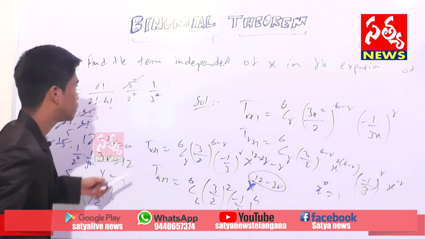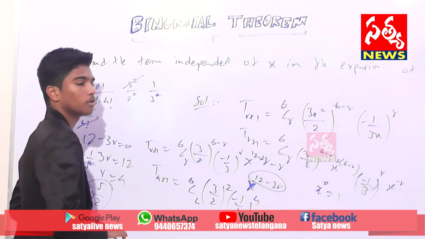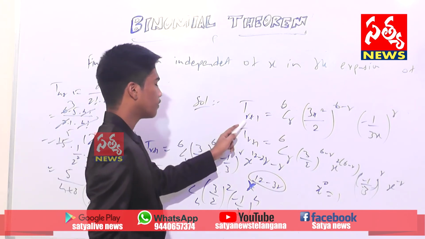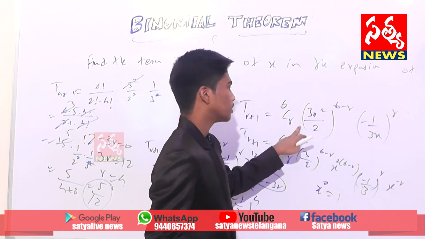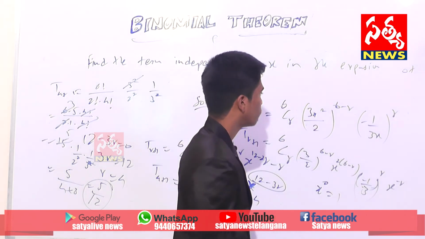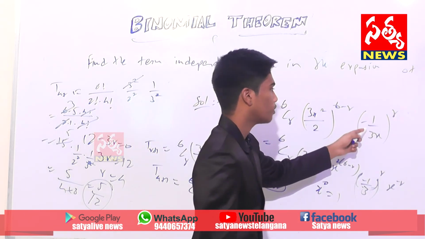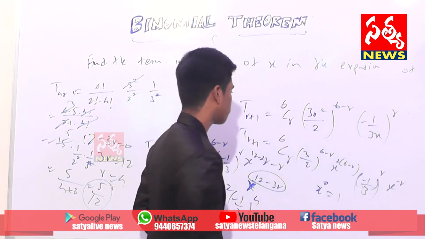This is the term which is independent of x. Got it? First of all, we have to write the general term: T(r plus 1) equals 6Cr into 3x square by 2 whole power 6 minus r into minus 1 by 3x whole power r.